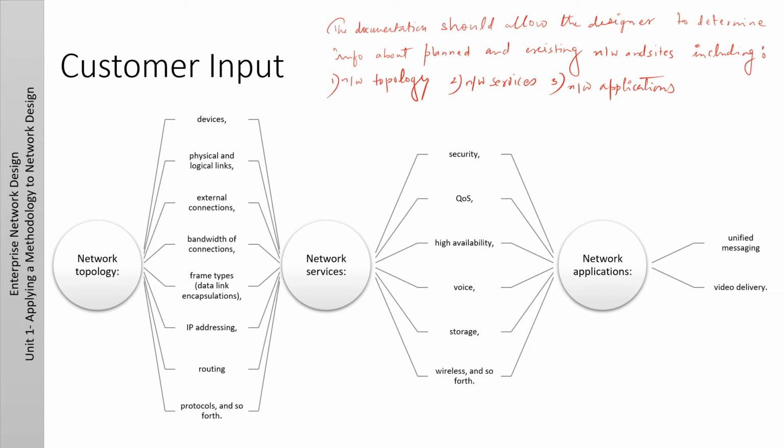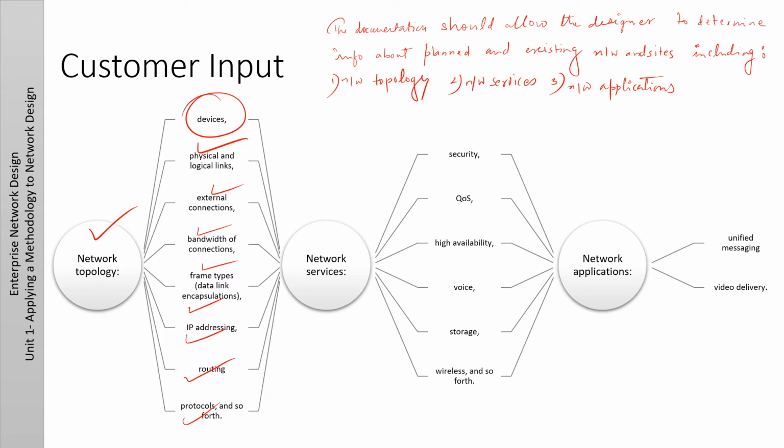The documentation should also allow the designer to determine information about the plant and existing network and site, including network topology. The first thing is network topology. It includes devices, physical and logical links, external connections, bandwidth of the connections, frame type, data link encapsulations, IP addressing, routing protocols, and much other information associated with network topology.